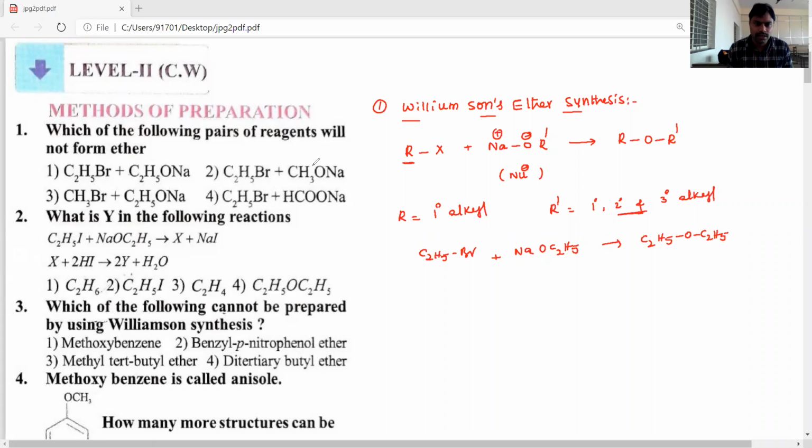Let's see the second one. C2H5Br reacts with sodium ethoxide.